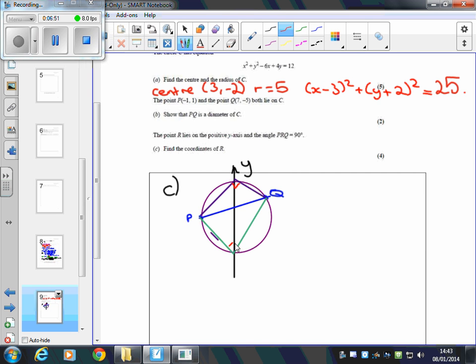So there's a 90-degree angle and there's a 90-degree angle. That means that R can either be here or R can be down here.